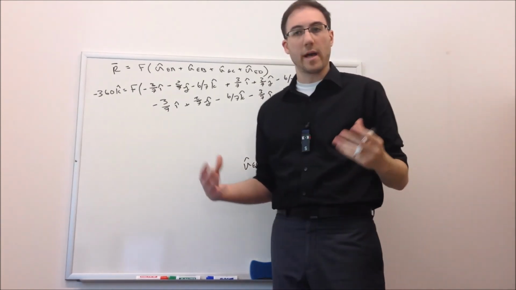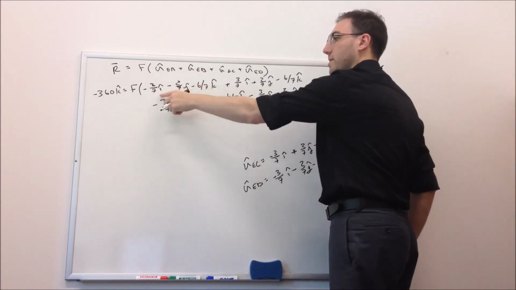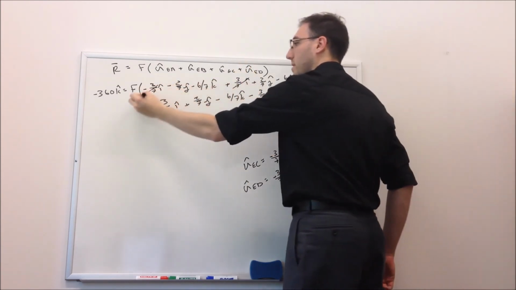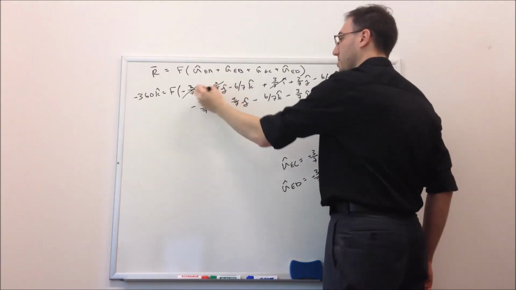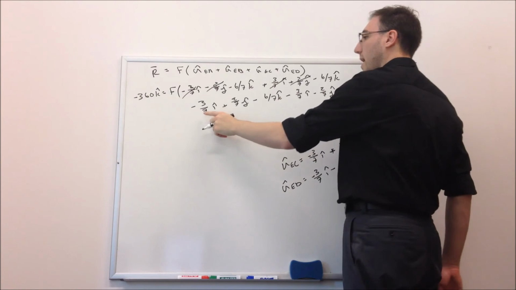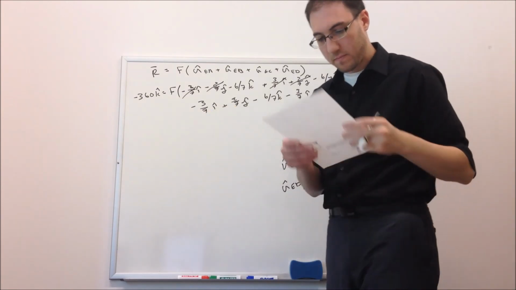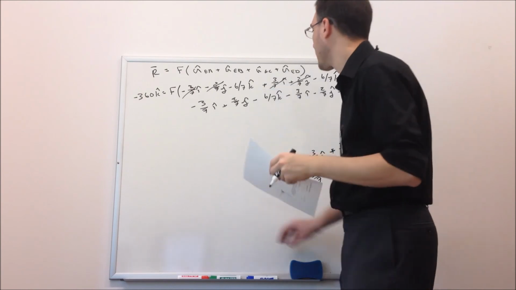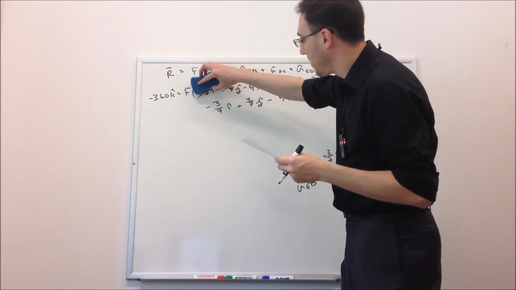Now, just as before, I can combine my like terms, and we're going to see a lot cancels out. I have a negative 3/7 i, I have a positive 3/7 i. I have a negative 2/7 j, I have a positive 2/7 j. I have a negative 3/7 i, and looking back, this was a positive.